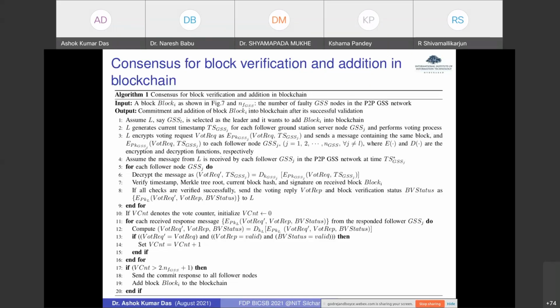For that purpose, the leader first generates a current timestamp, say TSGSSJ, for each follower GSS node GSSJ, and then proceeds to the voting process.